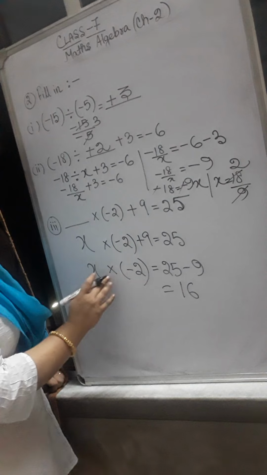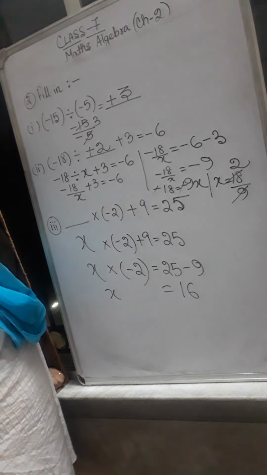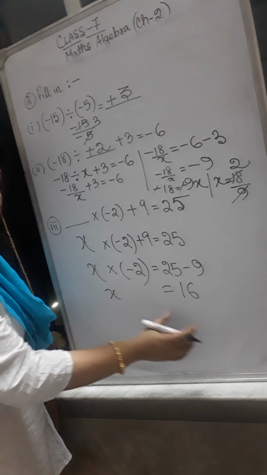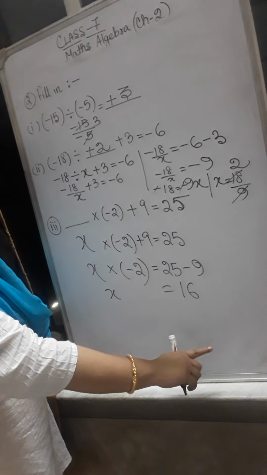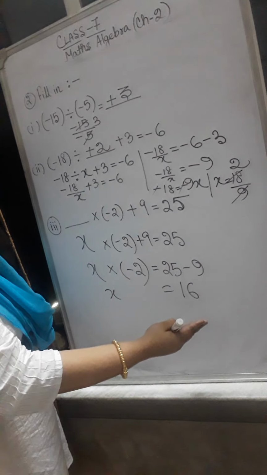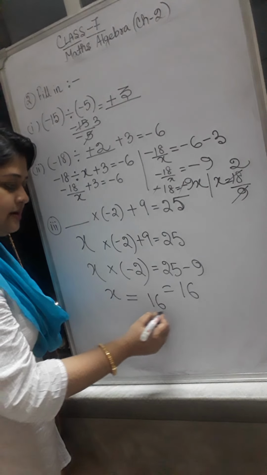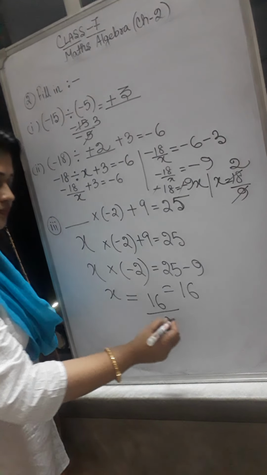So x into minus 2 is given. When you take minus 2 to that side, it will be divided by, because on the left hand side it is multiplied. When we take the number to the right hand side, it will be divided by. So x is equal to 16 divided by minus 2.